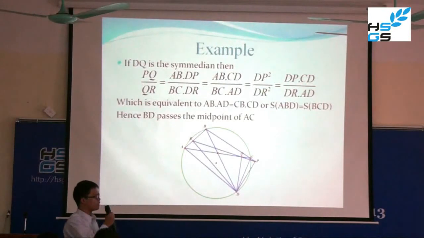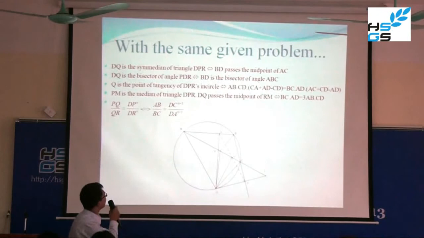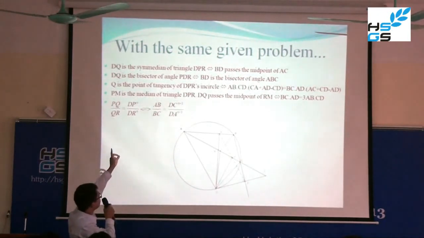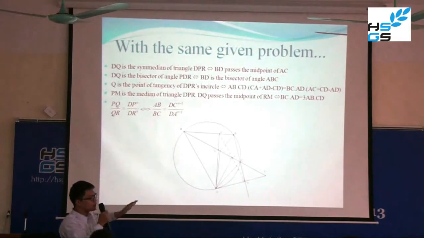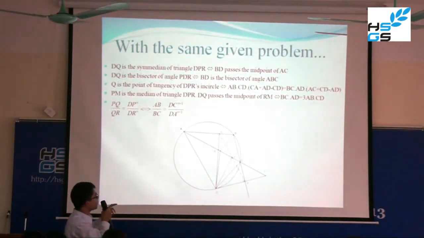And with the same idea, we generate some more problems. Here we see that DQ can be the bisector, and DQ can be the median. Q can also be the point of tangency, and also we can manipulate PQ over QR to whatever we want.